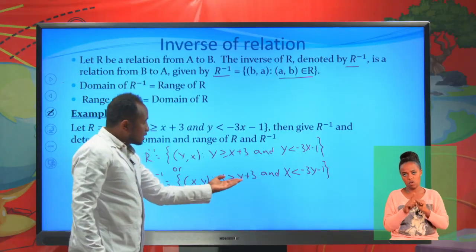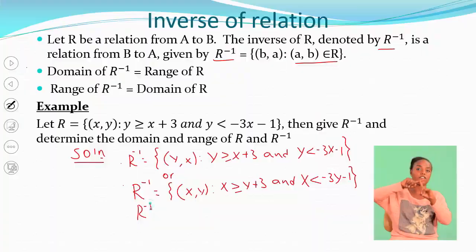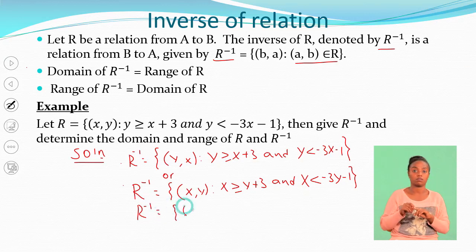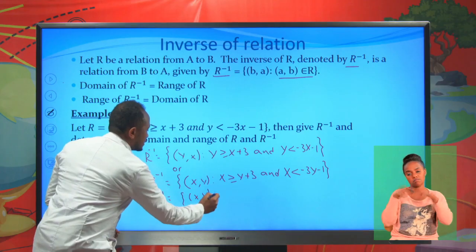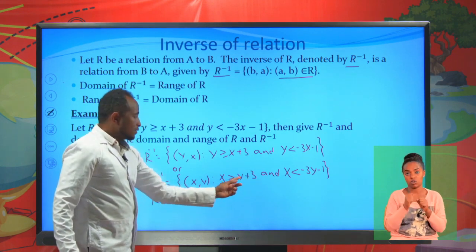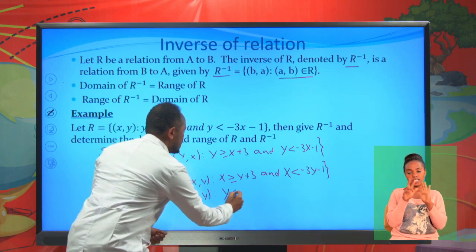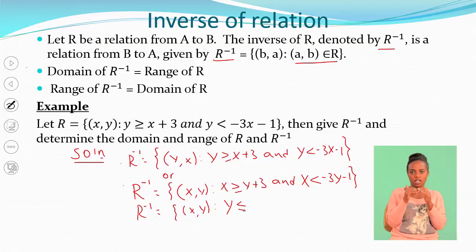We can also rewrite this in another form like this. R inverse will be the ordered pair (x, y) such that you can solve for y here. y is less than or equal to x minus 3. When you solve for y, taking 3 to this side, you will have x minus 3.